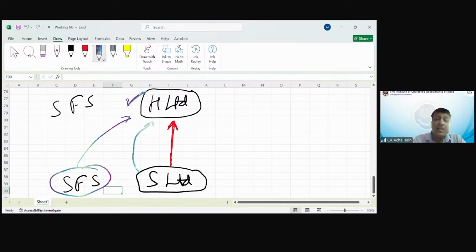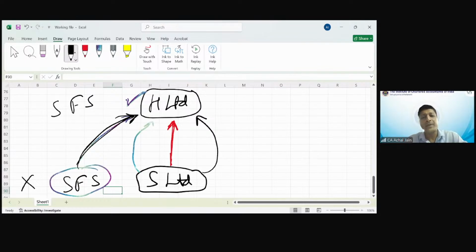So the parent may ask S Limited, please align your accounting policy, update your financial statement, and that financial statement you send it to me, not this one. In some cases, H Limited may say send the financial statement which you have, and I'll do all of those adjustments at the corporate level, at the parent level. So either of the approaches can be followed. It doesn't matter. Clear?